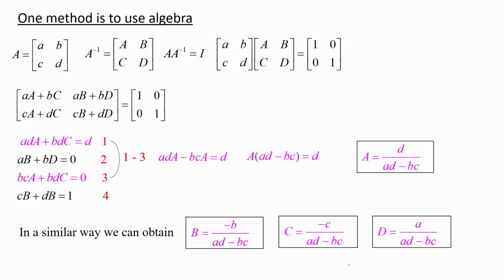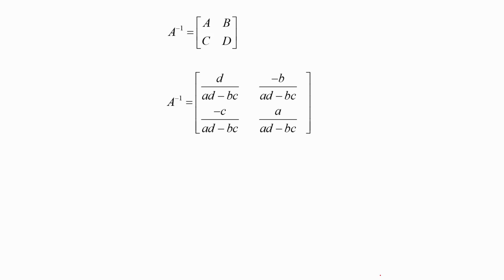There they are. If you've watched the previous video, you might notice something about the denominator in each one. AD minus BC, if you notice, appears in each expression. That is the determinant of matrix A. So we can write the inverse, which is capital A, B, C and D, and we can replace each of those with its equivalent expression, like that.